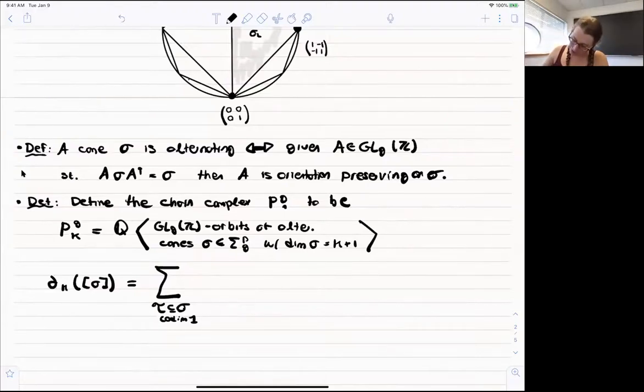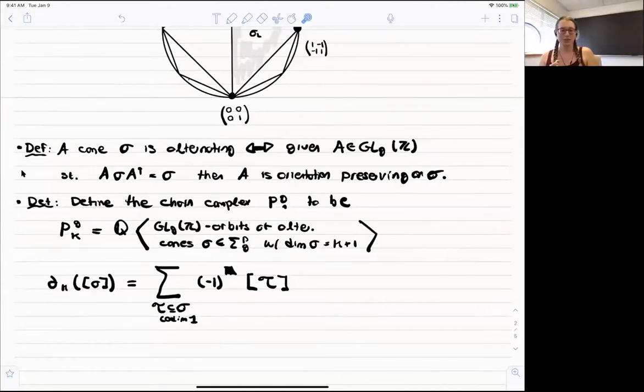And then it's going to be minus 1 to something, and I'll say something about that in a second, times the class of that facet. Okay. And so you gave me a cone, and I take the sum over all the codimension 1 faces, and I put some signs in there. And what signs do I put in here? So what is this minus 1 to the something? I haven't told you. Well, I'll give 3 answers, I guess, in increasing order of correctness. The first answer is that it's whatever sign you need to make it a chain complex.